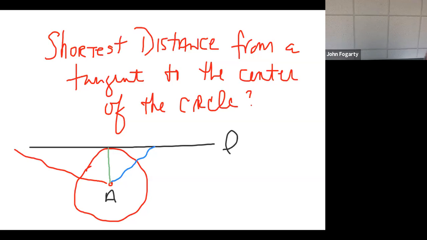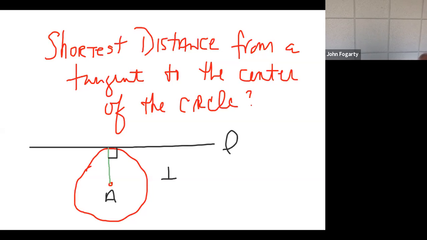But here's what's really important: that radius is perpendicular to the tangent line. The tangent line and the radii are going to be perpendicular. That's the shortest distance. Does that make sense?